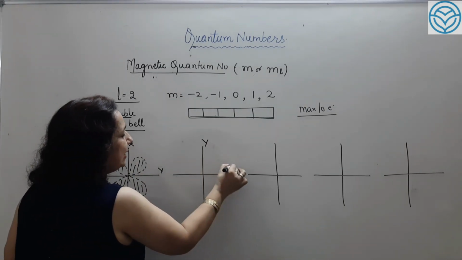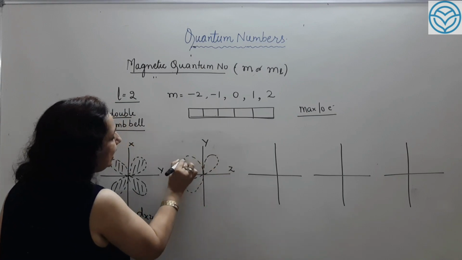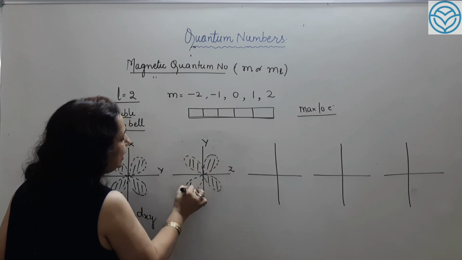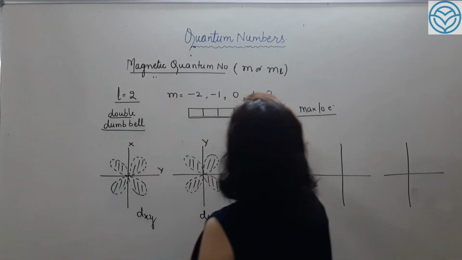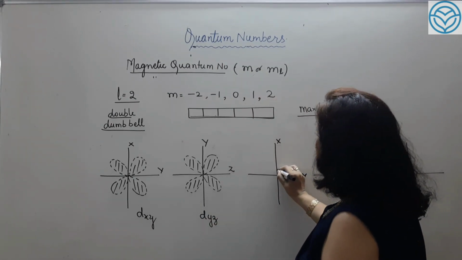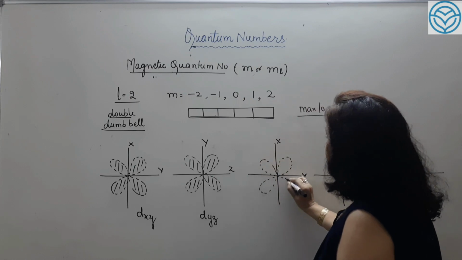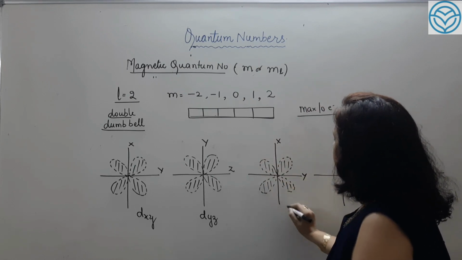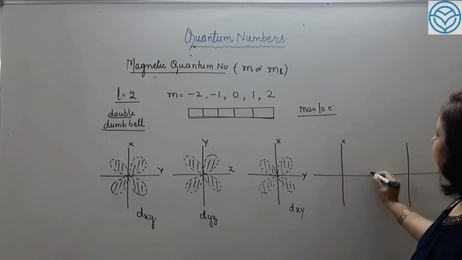If I say yz, this will become dyz. dyz is again a double dumbbell, again in between the axes. This is dyz. xz is a double dumbbell in between the axes, and then for dxy you have the x and y axis.